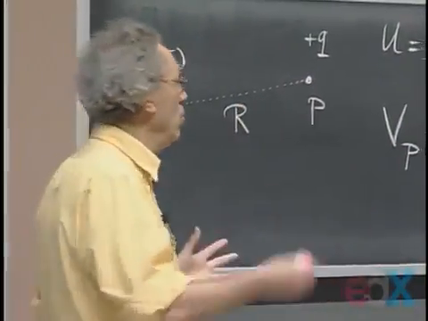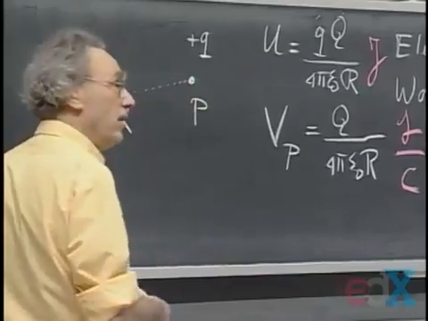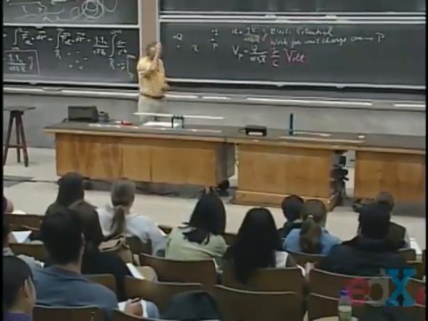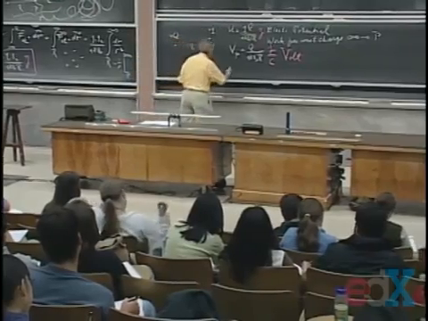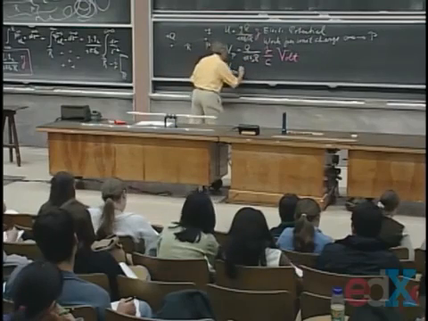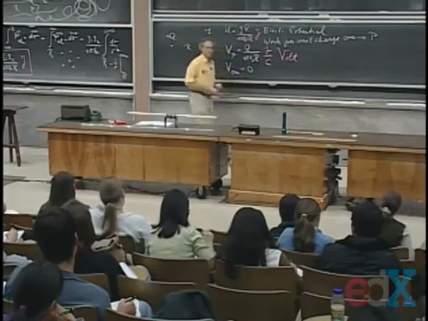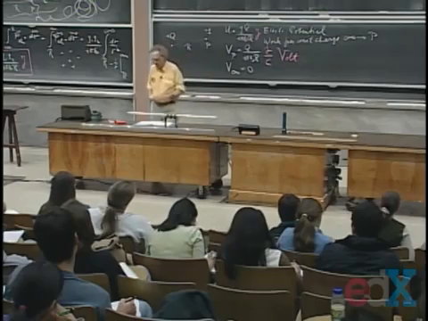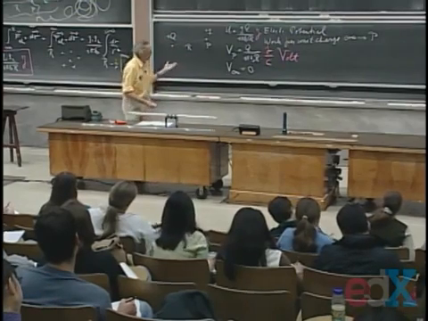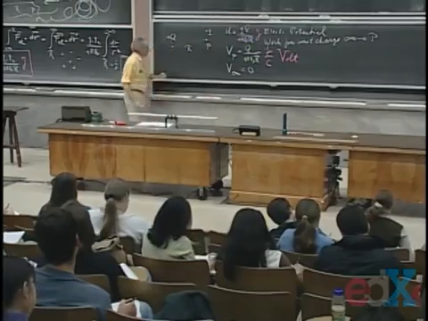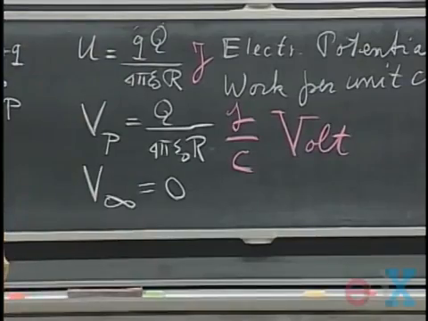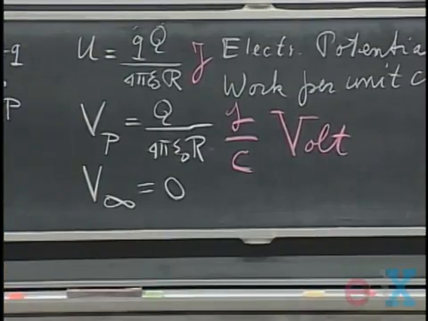The work that I do per unit charge coming from infinity would be negative, if that's a negative charge. And the potential, when I'm infinitely far away, when this R becomes infinitely large, is zero. So that's the way we define it. So you can have positive potentials near positive charge, negative potentials near negative charge, and if you're very, very far away, then potential is zero.